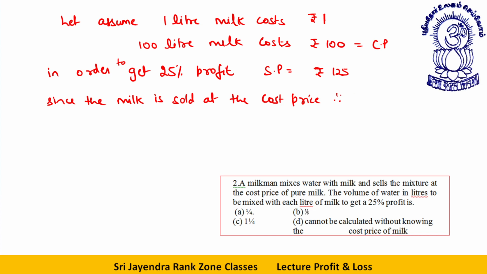Therefore, our CP was 100 and we are charging 125. Therefore, 25 rupees is earned because of adding water.